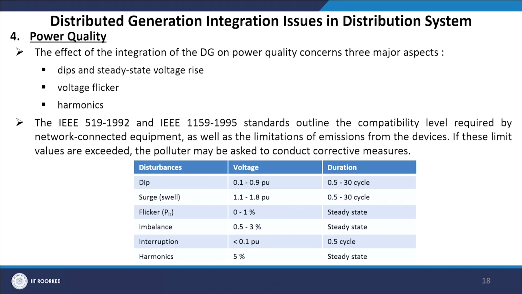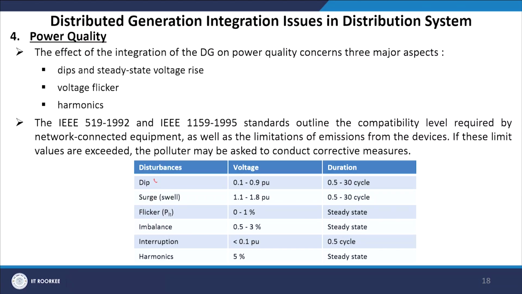Second one, voltage flicker. And the third one is harmonics. The IEEE 519-1992 and IEEE 1159-1995 standards outline the compatibility level required by network connected equipment as well as the limitations of emissions from their devices.